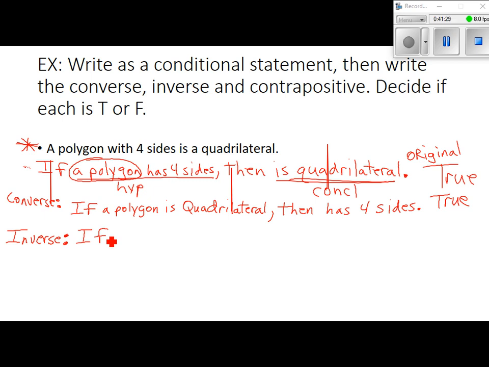I don't mind talking like a caveman somewhat, but let's not be too ridiculous. So how are we going to make that first part make sense? Polygon does not have 4 sides. Okay, so if a polygon does not have 4 sides, then what do we know about it? Then it's not a quadrilateral.